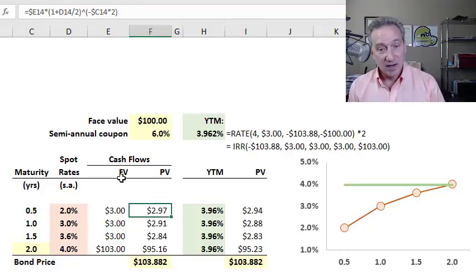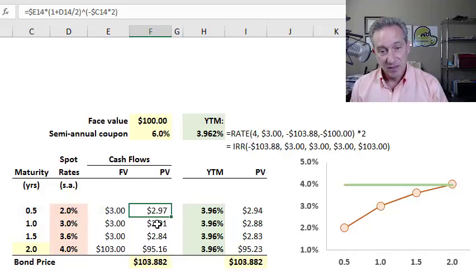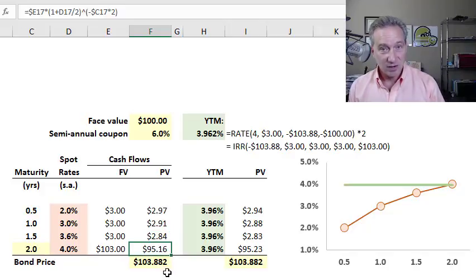And then I solve for the present value of each of these future cash flows, or put another way, I just simply discount them, right? You can see this formula here reflects the fact that it's with semi-annual compound frequency, so that the discounted or present value of each of the cash flows, the sum of those is what I've been calling the theoretical bond price.